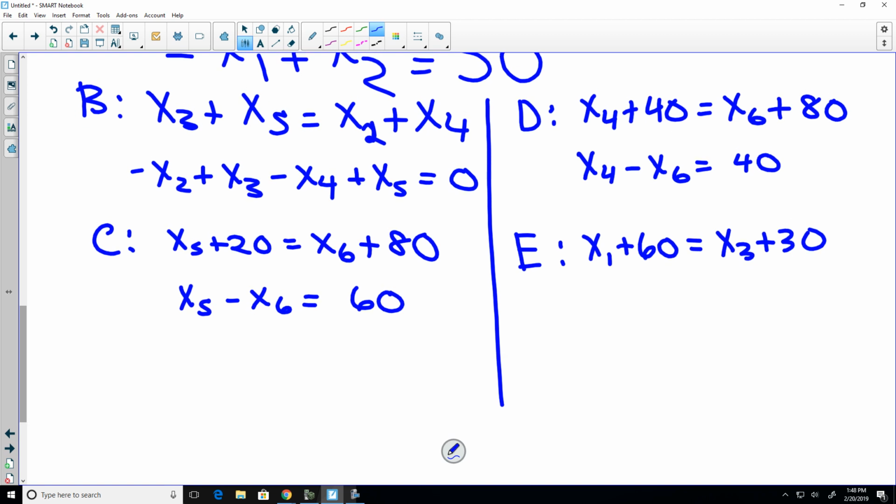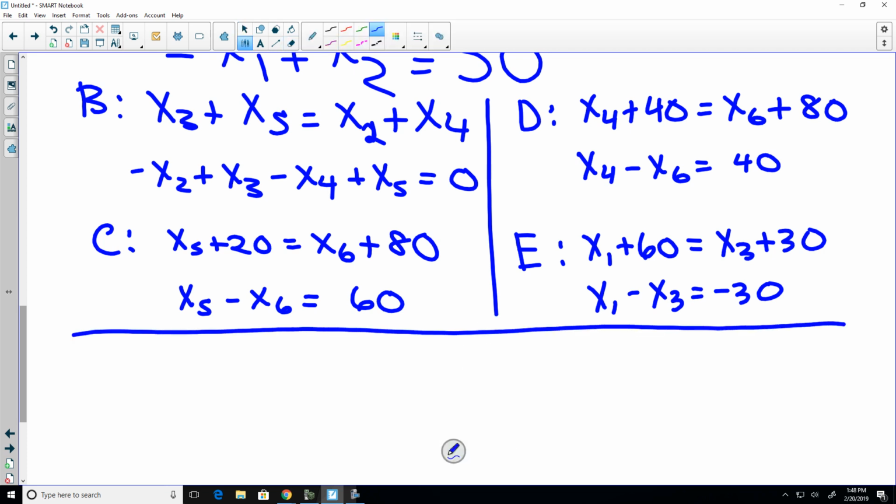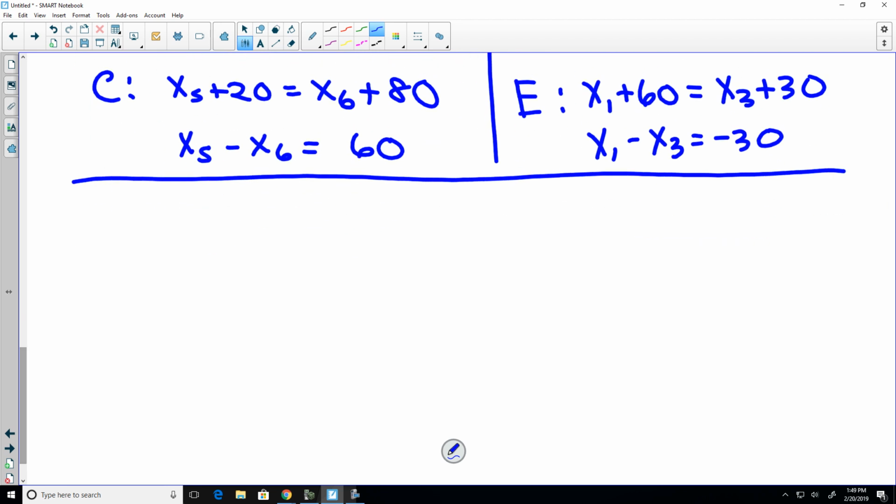Rewrite it. So we have an equation for each intersection. We're going to write those out.